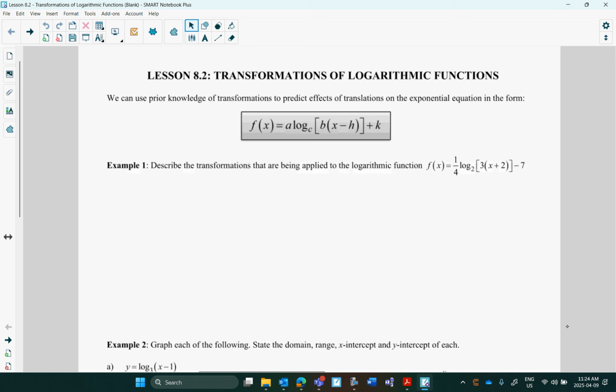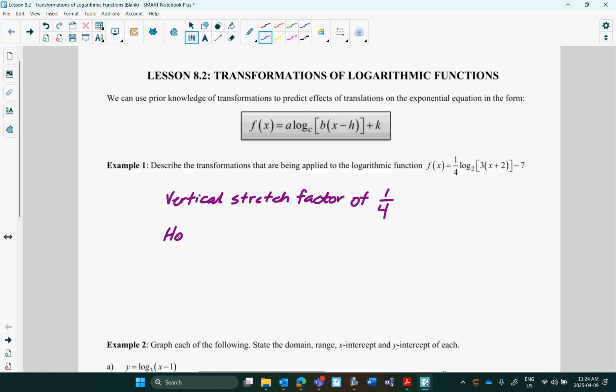Okay. So what's happening in this log function? What are all the transformations that are taking place? Vertical stretch by, you're missing one word, factor. Vertical stretch factor of 1/4, same as the value of A. Horizontal stretch, factor of 1/3, that's correct.